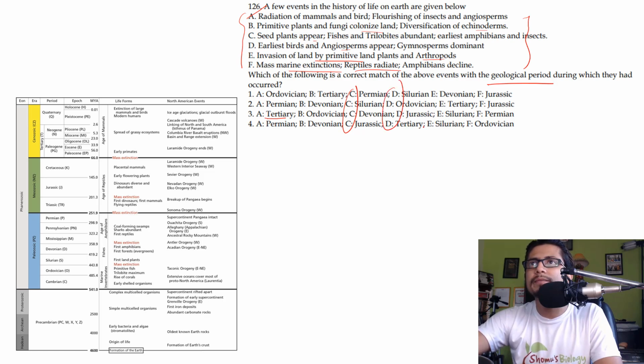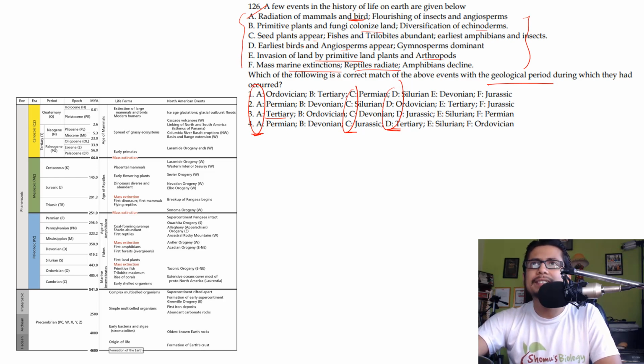D is also different, and A is also different. So you need to know either A, C or D to answer the question, because if you find one of them correctly, you know the answer. For example, let's say we only know that the radiation of mammals and birds takes place in the tertiary. Or you know the seed plants appear in the Devonian period.